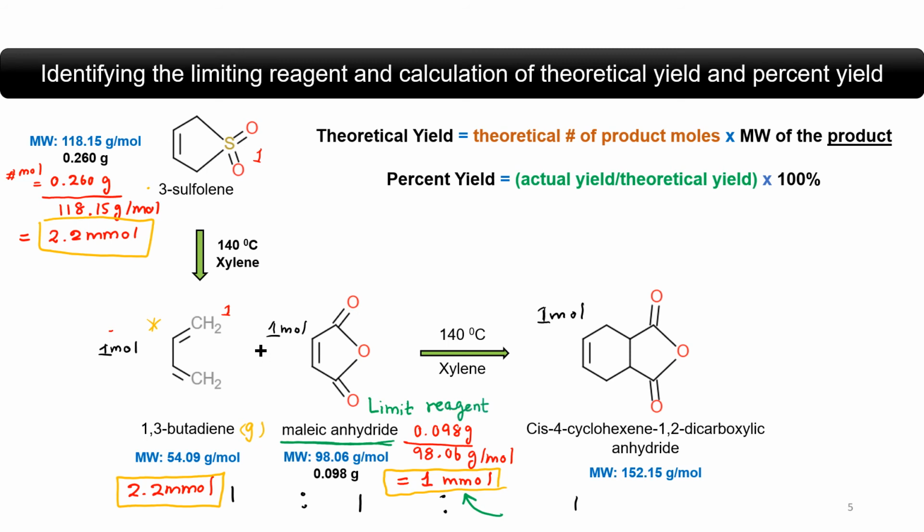And we determine the number of theoretical moles of the product based on the limiting reagent. We look at the molar ratio between the product and the limiting reagent. It was 1 to 1, so if it was 1 millimole of this that reacted, we should theoretically expect 1 millimole of the product to form. So now we can use this number to calculate the theoretical yield.